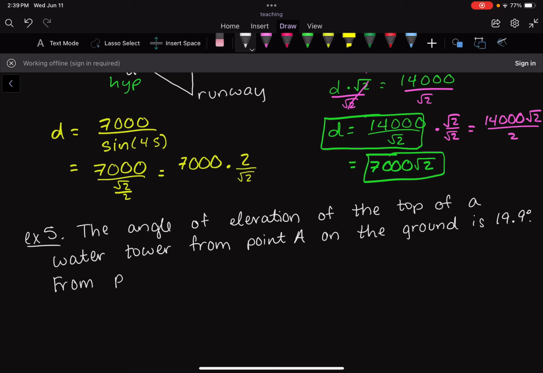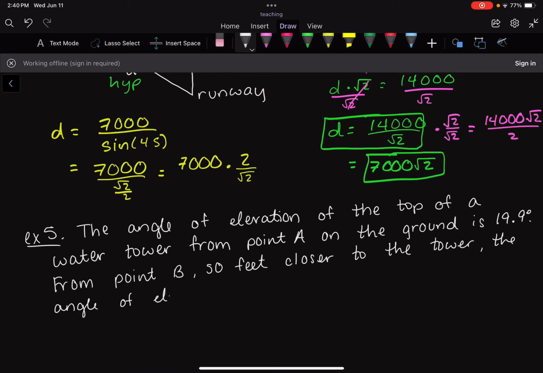From point B, 50 feet closer to the tower, the angle of elevation is 21.8 degrees.